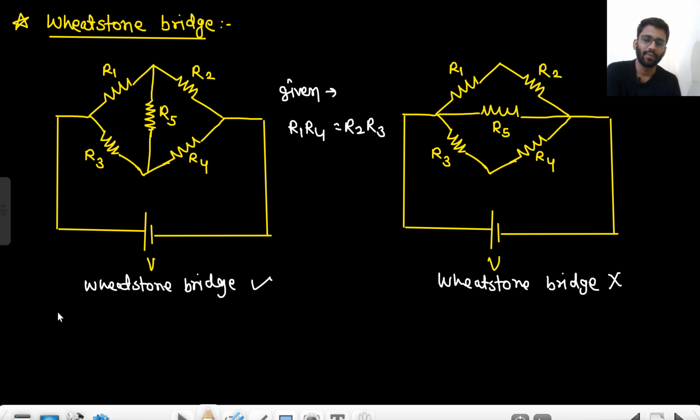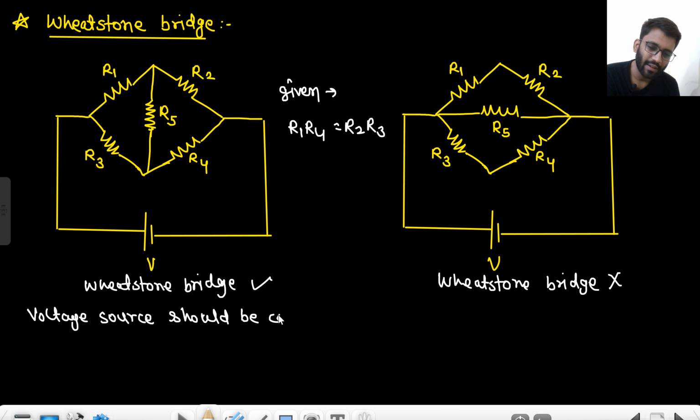Why so? Because the voltage source should be connected to opposite nodes of the R5 branch.